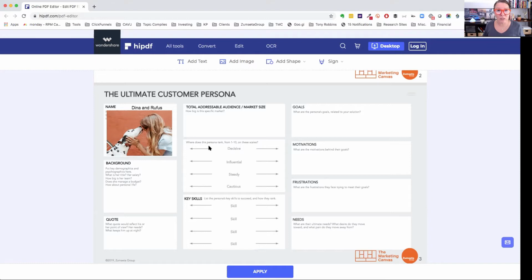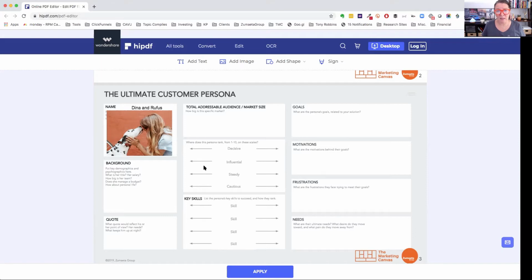How influential is she? I basically have this on here because of different buyers. Let's say you're not in retail or consumer, you have a B2B business, and you're actually going after a very big high ticket sale at a company. Well, you're going to want to know if you're talking to the influencer versus the decision maker. In this case, she's the decision maker, so she would be low on the influential scale.